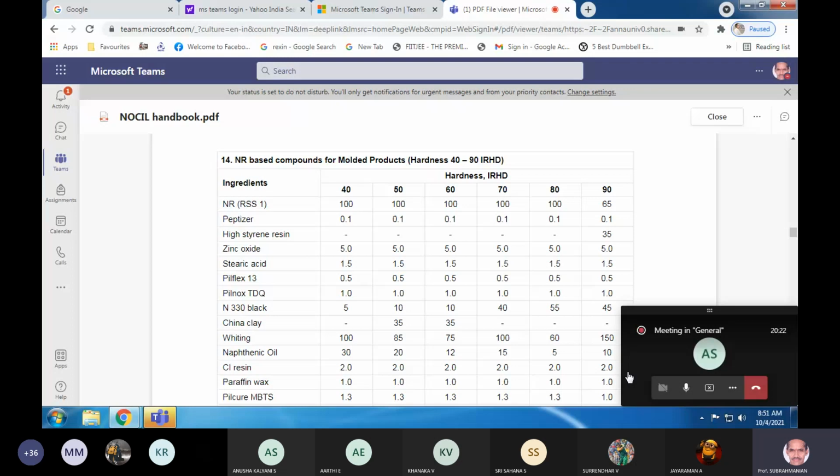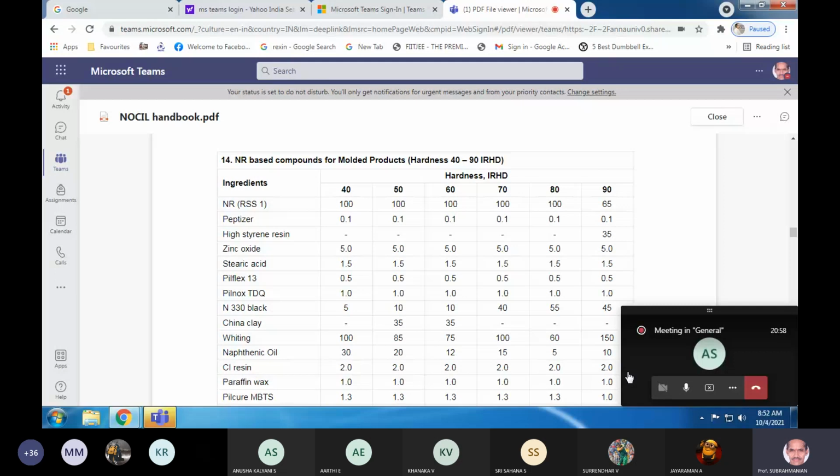And whiting and China clay are used, and of course in whiting also, which is nothing but calcium carbonate, one looks at some reinforcement. That is the precipitated calcium carbonate. Precipitation makes the particle finer. In China clay, we said the surface treatment adds to the reinforcement.